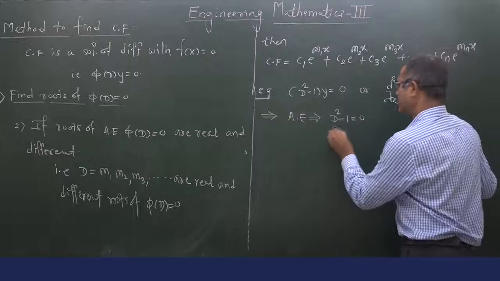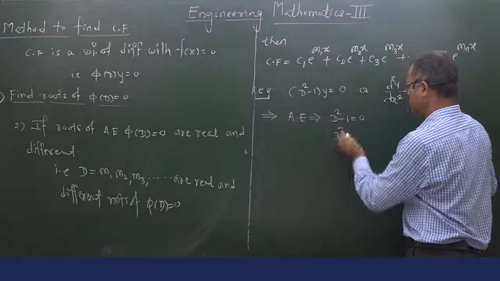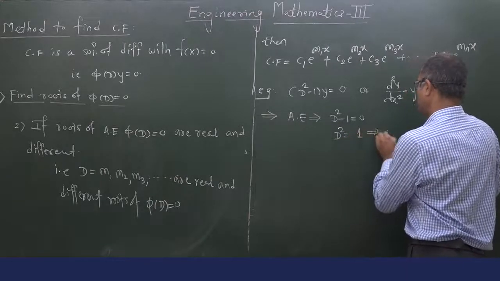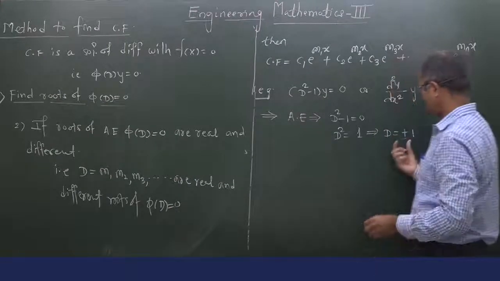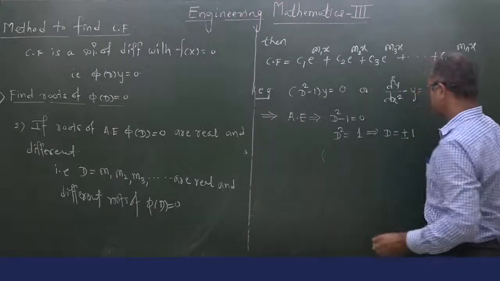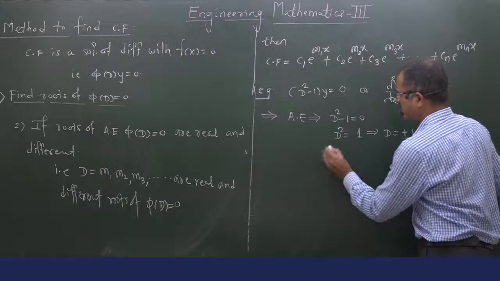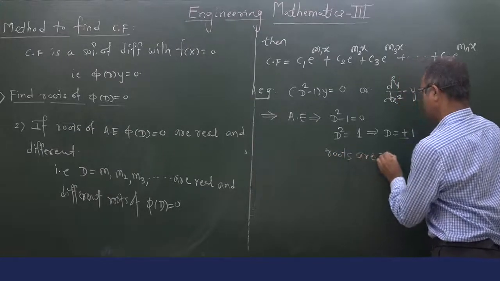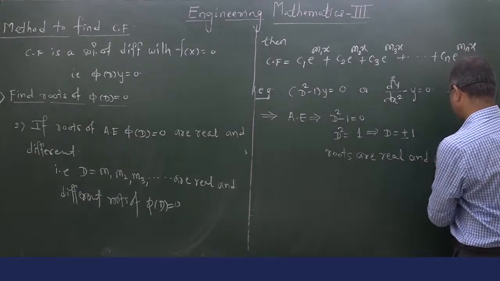So the roots are, you can also directly find the roots, no need to write this step, D square equal to 1. So D is equal to plus minus 1. So here the roots are plus 1 and minus 1. The roots are real and different, real and unequal.